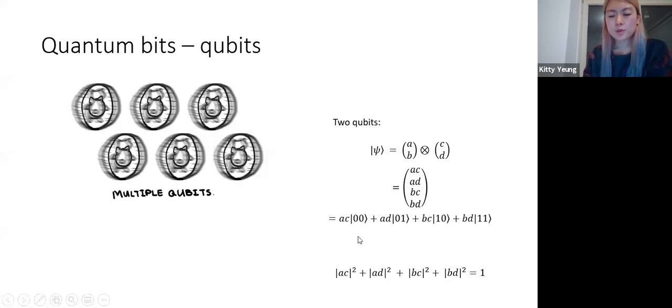Again, the amplitudes are the coefficients that tell you how much of these 4 possible configurations are in your system. You get the probabilities of each, add them up, and they should be 1. That's the only requirement for this to work. So that is a qubit. That is different from a classical bit that is just 0 and 1. A qubit is a state with superposition of all the possibilities.